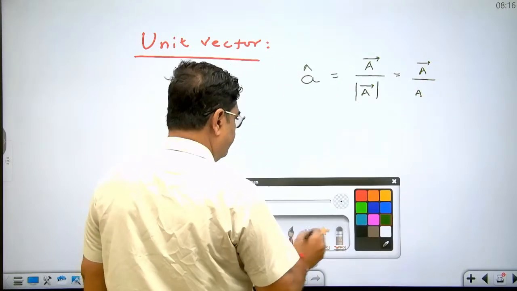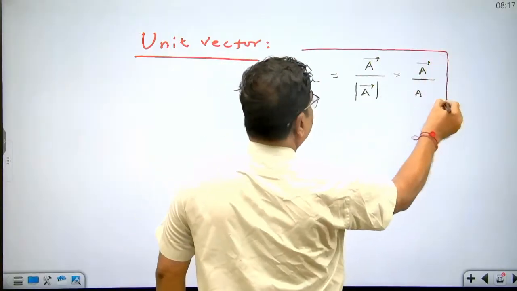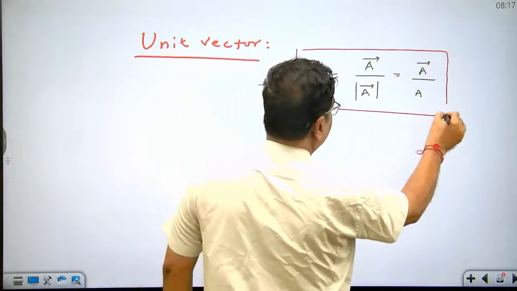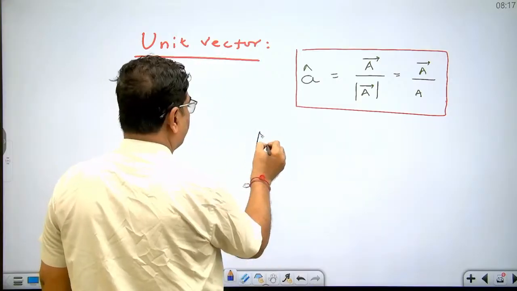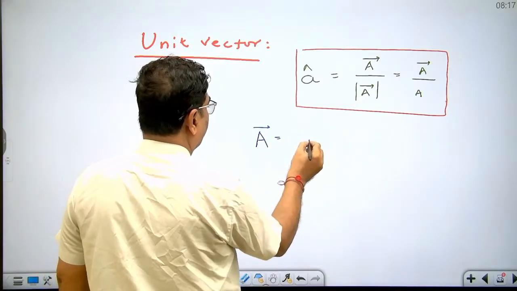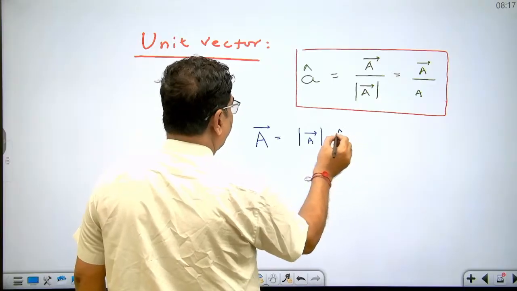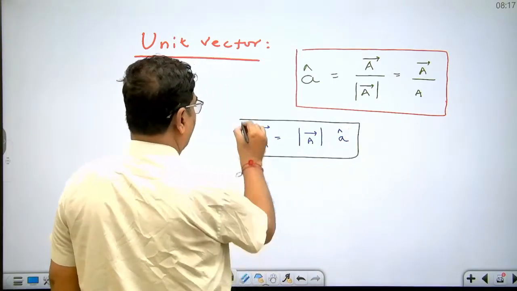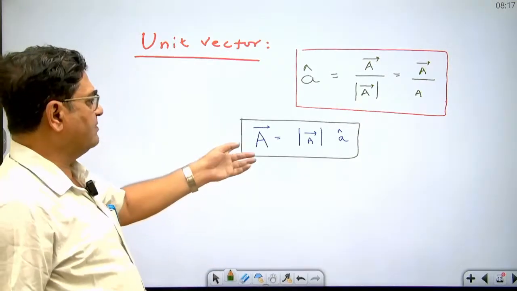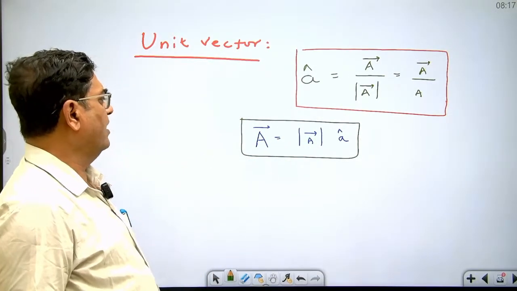So dear student, any vector can be expressed as the vector equal to the magnitude of the vector multiplied by the unit vector in the direction of the vector. Okay.